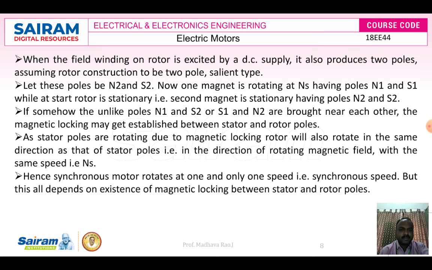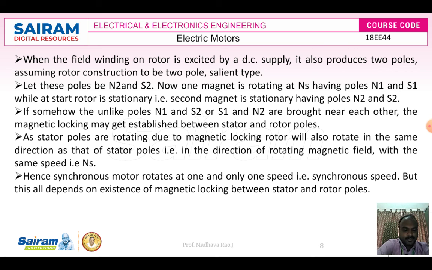One magnet rotates at synchronous speed with poles N1 and S1, that is the stator, while at the start the rotor is stationary. The second magnet is stationary, having poles N2 and S2.